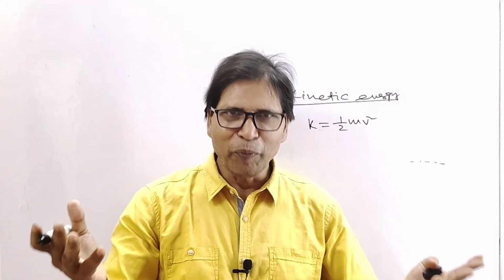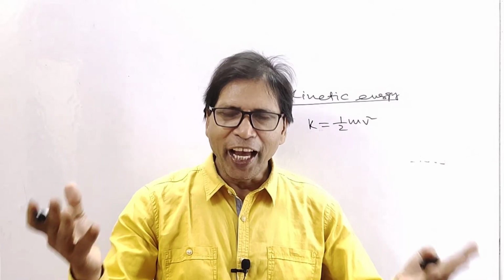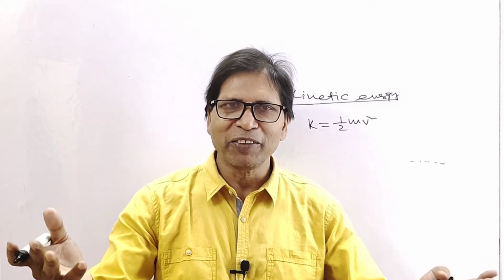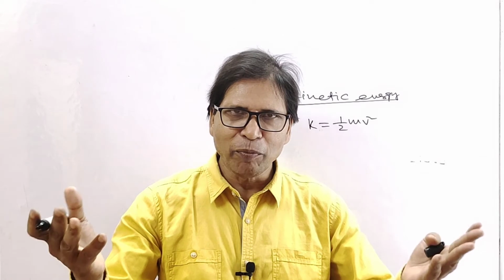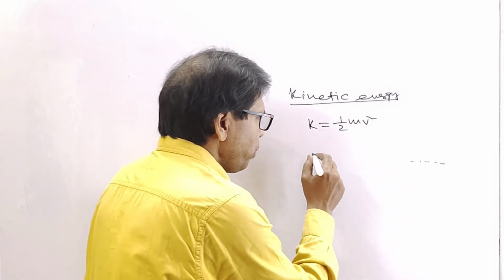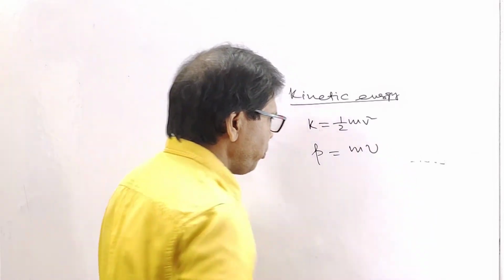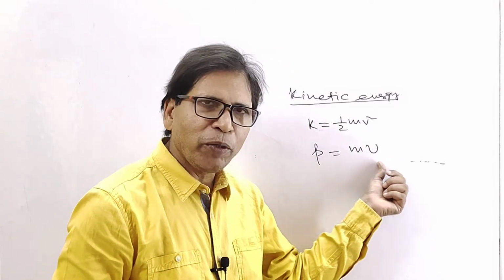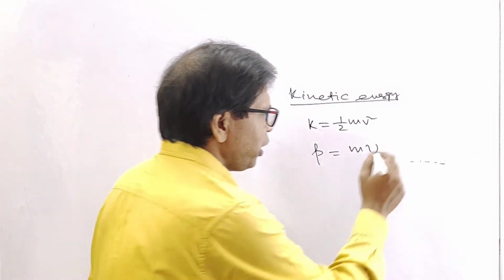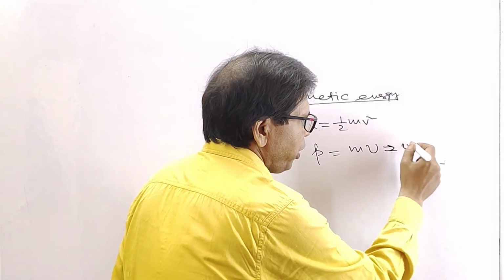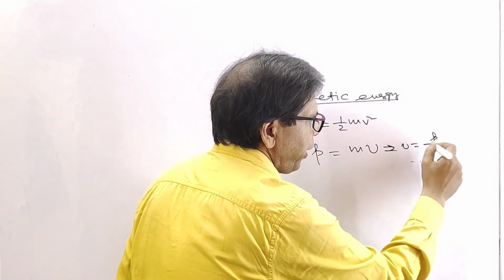Okay. Now momentum. Now we have to establish the relation between kinetic energy and momentum. If a body of mass m moves with velocity v, its momentum p equals mass into velocity. Now from this relation we get v equal to p by m.